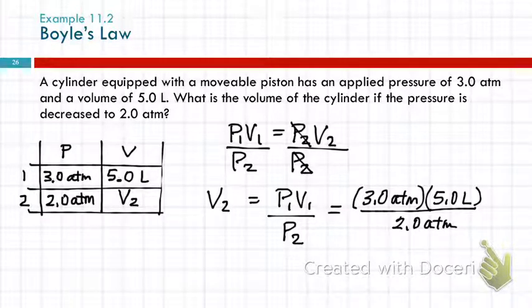Check out the units. See what cancels. Well, the atmospheres cancel. I'm left with a unit of liter. That's good because I'm solving for volume. So I've got 3 times 5 divided by 2. So volume 2 is 7.5. That's what my calculator shows me, liters.